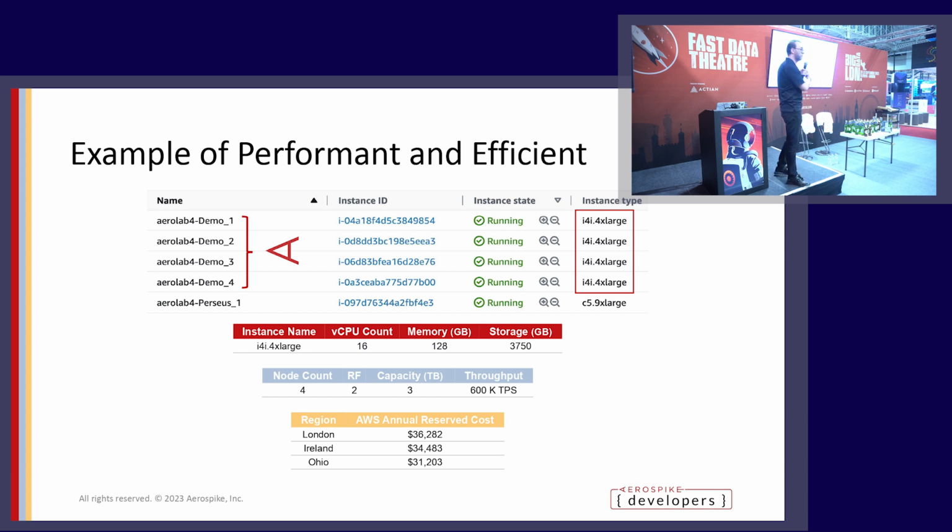On such an environment, with a replication factor of 2, with which Aerospike can provide high availability, we can store around 3 terabytes of data, and the database can handle around 600,000 operations per second. The cost on AWS is going to be 35K. If you want to run such a workload on AWS DynamoDB, it's going to be around $2 million per year.